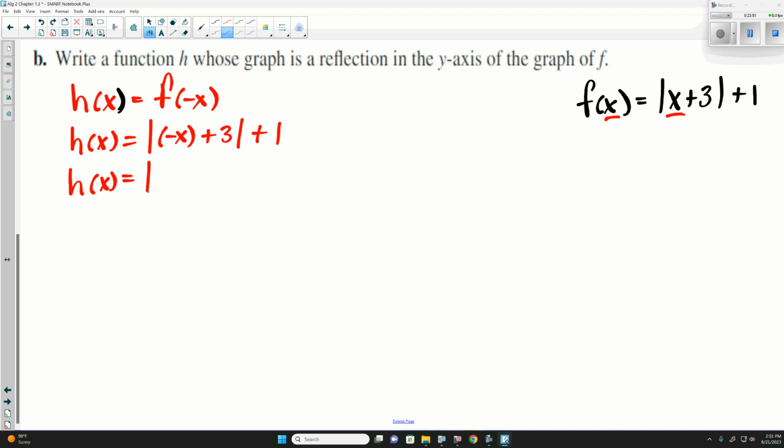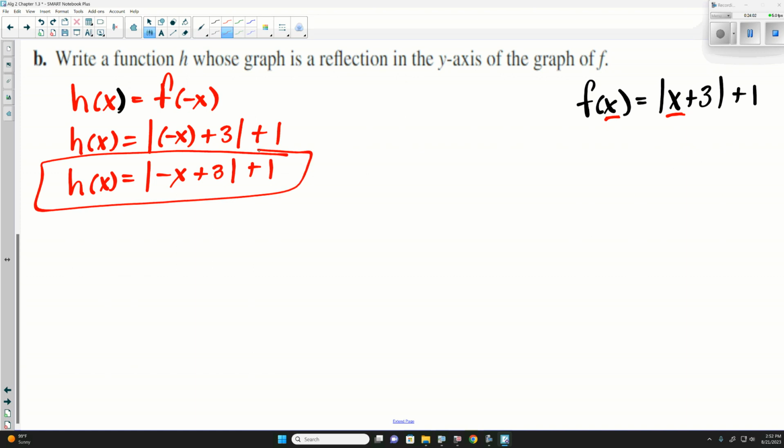If there had been a number in front of the x, we would have to multiply it, but since there's not, this just becomes negative x plus 3 inside the absolute value bars plus 1. That's it.